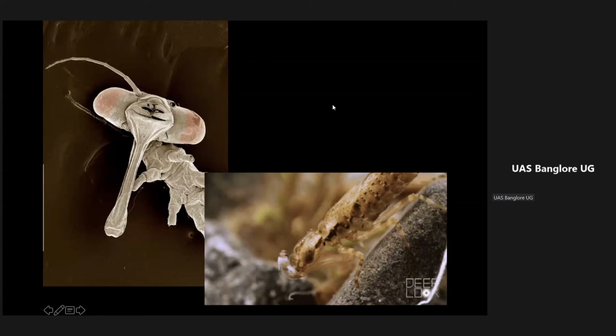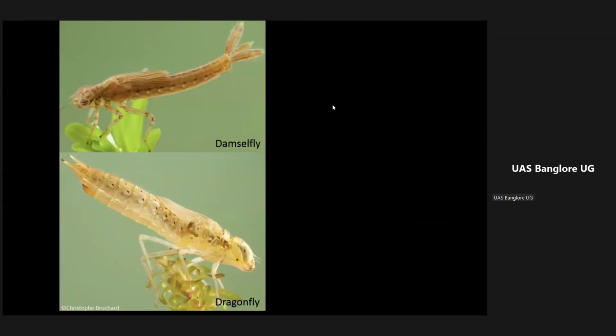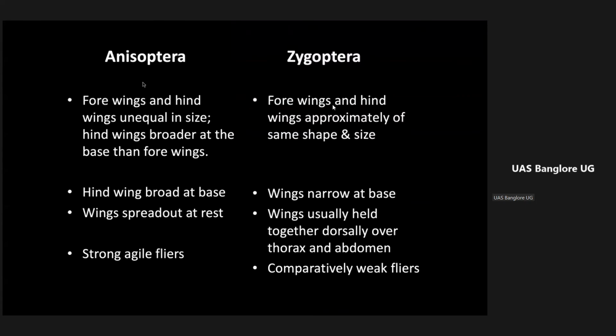I was also mentioning that there are two suborders. The order Odonata is divided into two suborders. Please remember this. They will ask you to write the suborders of Odonata. What is the difference between a dragonfly and a damselfly?